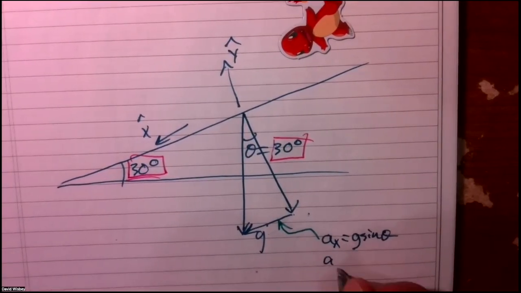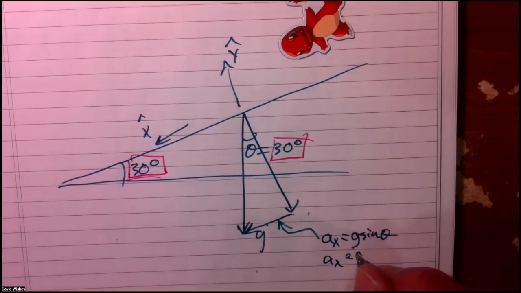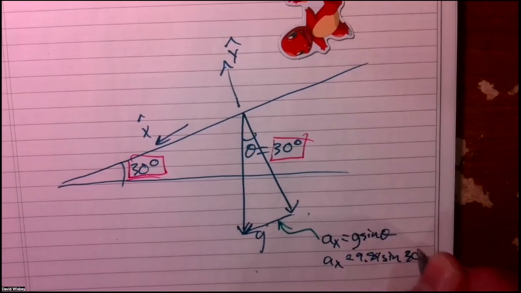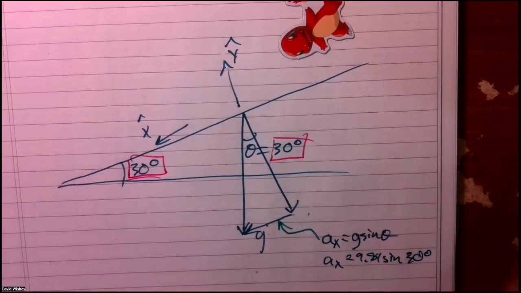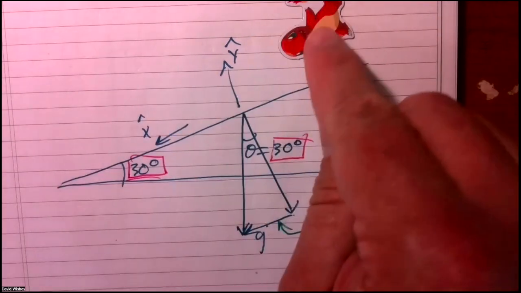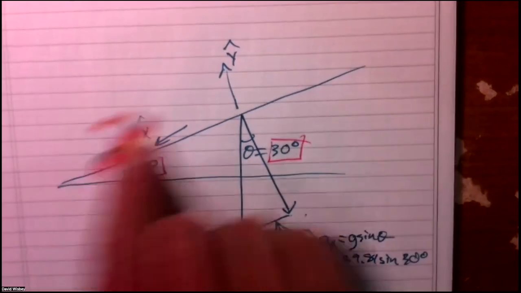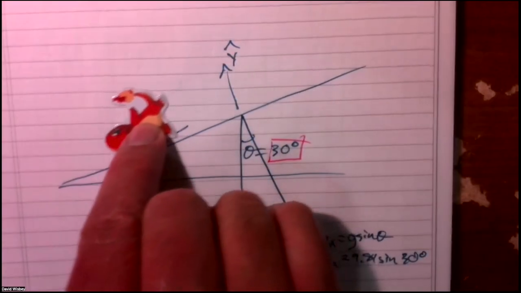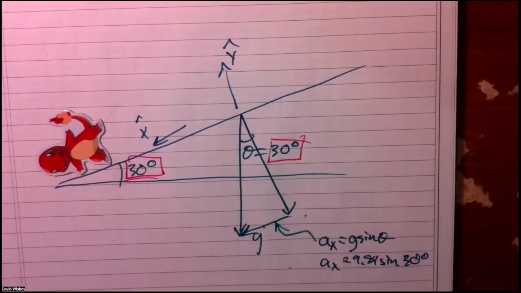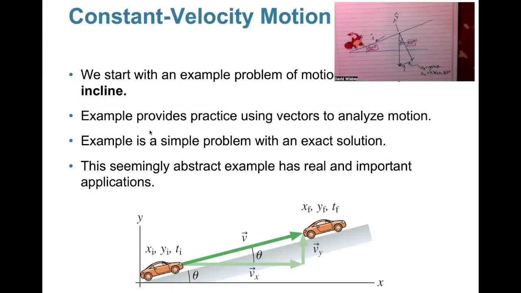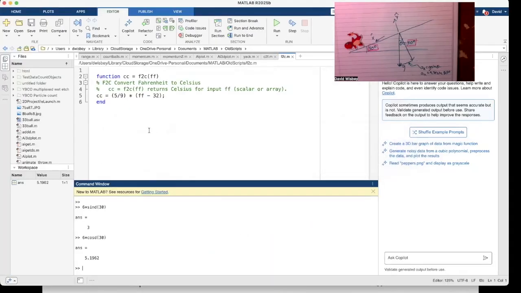So to find my acceleration, it's going to be 9.81 times sine of 30 degrees. All right, let's plug that in. How fast is Charmander accelerating? Is he like, or is he more like, eh? Yeah, I think it's more like the second one. But let's just go to MATLAB and we will calculate it.